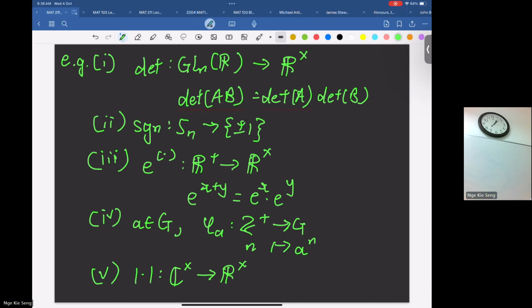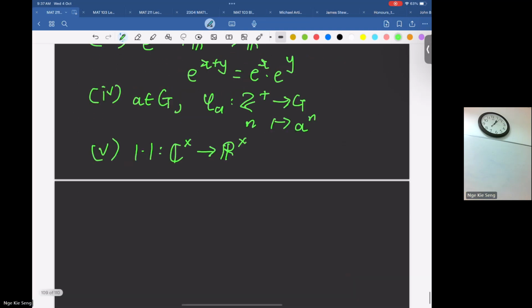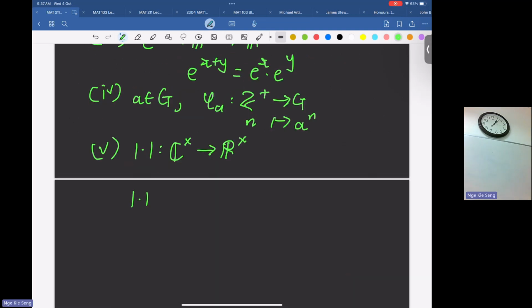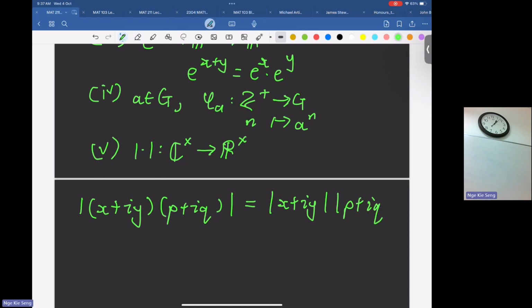So the length of (x plus iy) times (p plus iq) is equal to the length of (x plus iy) times the length of (p plus iq). How do you quickly verify this?